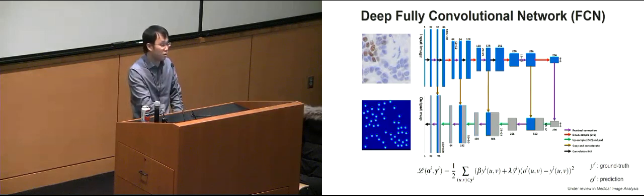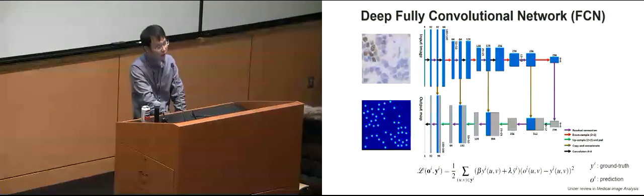Another benefit of this architecture is that it can handle arbitrary sizes of images, as long as your computer memory can accommodate the large image datasets. I will not go into the details of the mathematical equations, but I do want to mention the loss function we define.